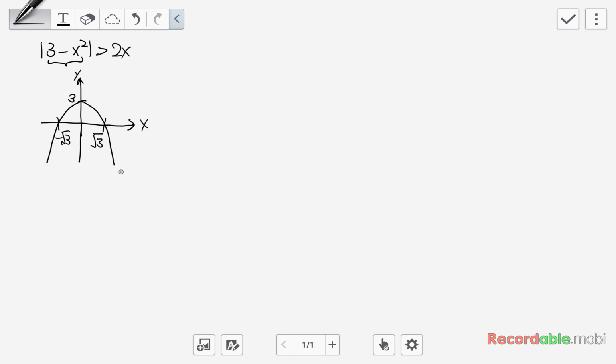Note, what I'm drawing is the y equals 3 minus x squared graph. What about the modulus of this graph? When we modulus a number, a negative number becomes a positive number, right? So imagine all these negative values of y, when we modulus them, they become positive. What happens? It is a reflection about the x-axis, so it will look like this.